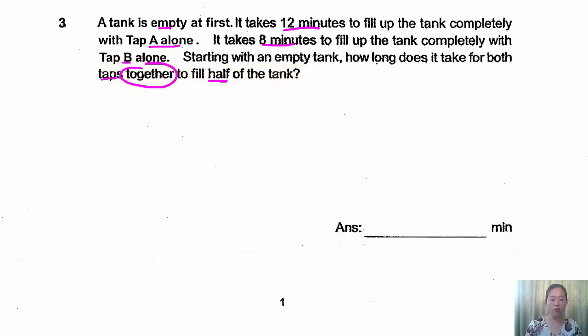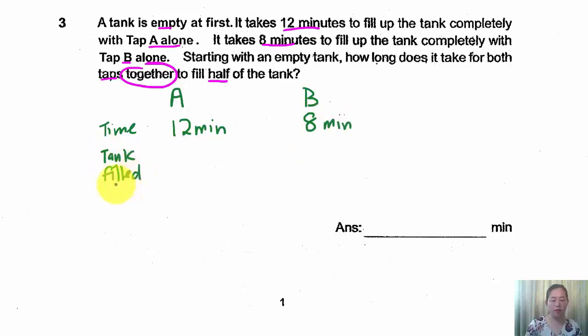To do this question, it's good if we can look at it from a table perspective. So we have A and B. The time taken to fill up the tank is 12 minutes for tap A and 8 minutes for tap B. So the fraction of the tank filled per minute is 1 divided by 12, which is 1 over 12 of the tank.